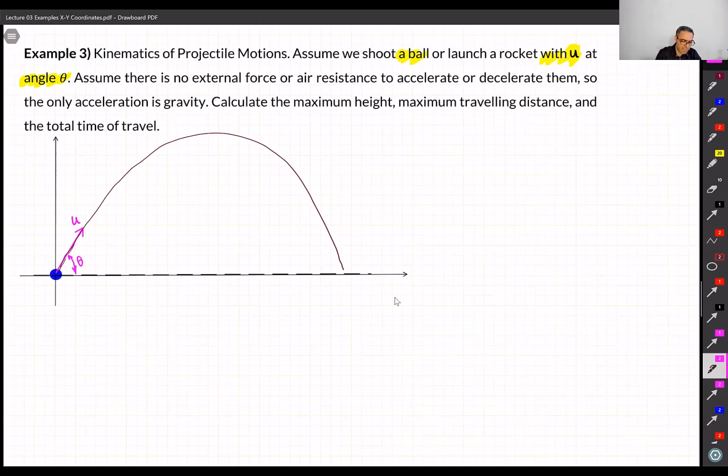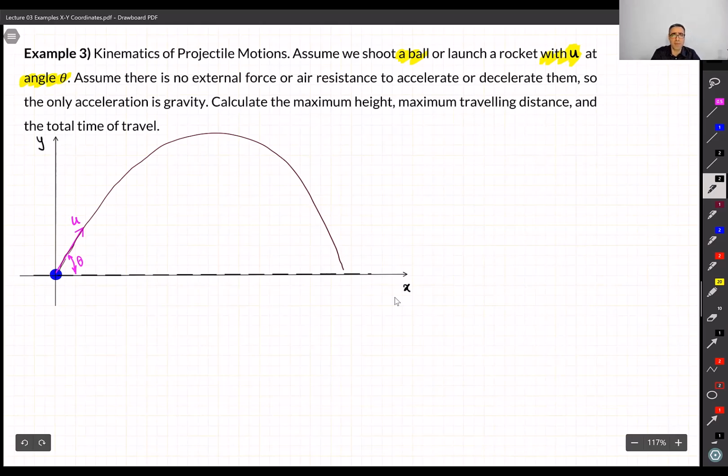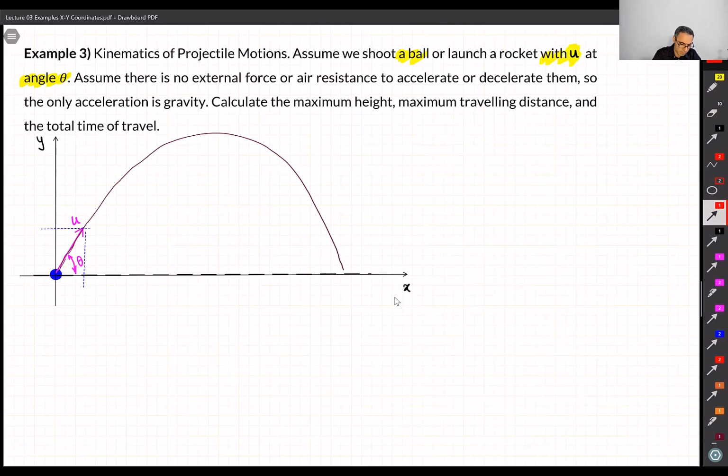So we have X and Y. Now to solve this problem, we break it into X and Y directions and treat them independently. First I will find the components of this u. It has an X component and a Y component. Let's call the X component like over here, and this is the Y component.